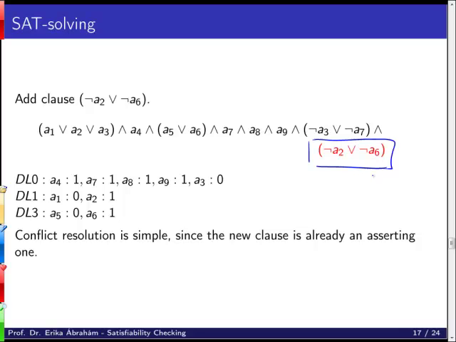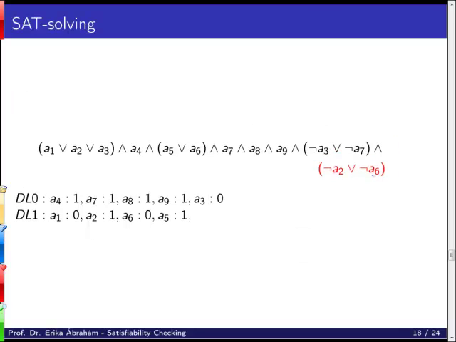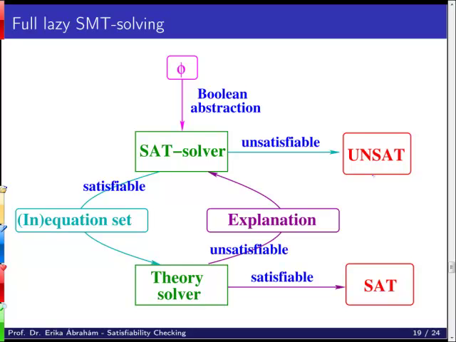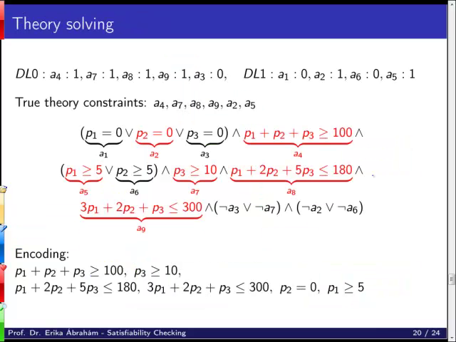This we already discussed last time, and the solver searches for a new solution. Now it has found one, and we do the same thing. The abstraction of the theory constraints for the true Boolean variables should be put to the theory solver, and these are, the red ones are again a true constraints, and this is the encoding.